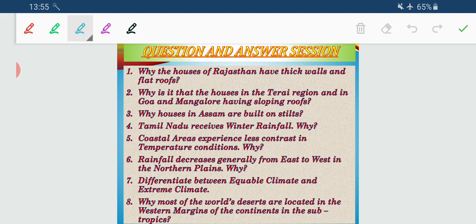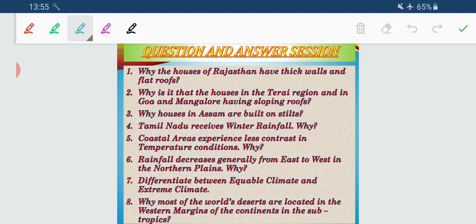So due to these reasons, just to protect the house, the houses in Assam are built upon these pillars, either cemented or timber pillars, just to protect the house from any sort of damage due to the dampness of the soil.